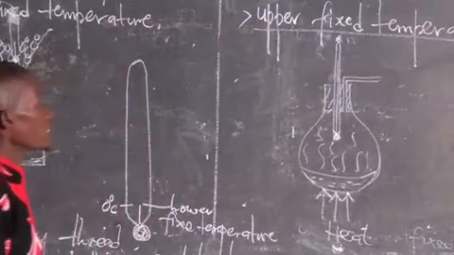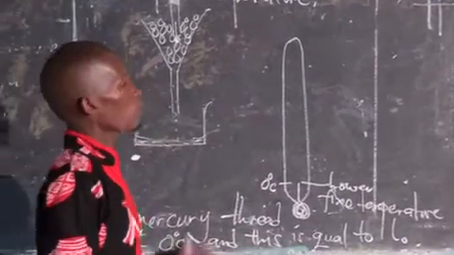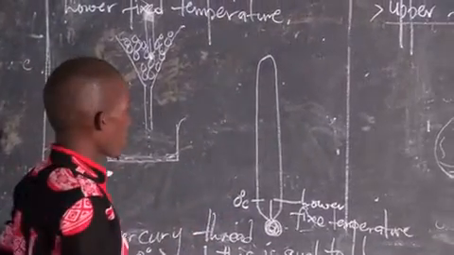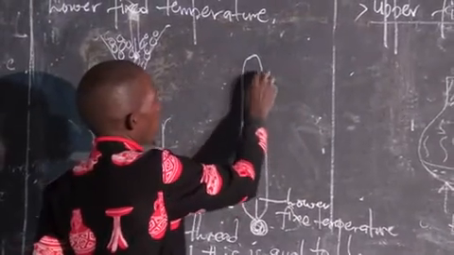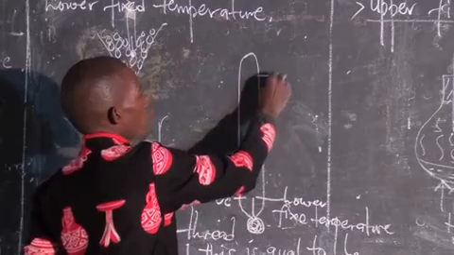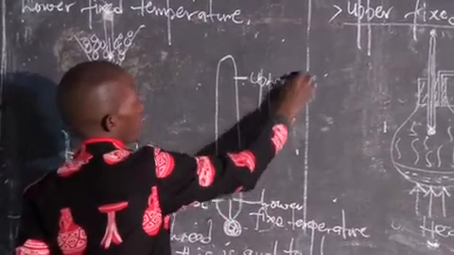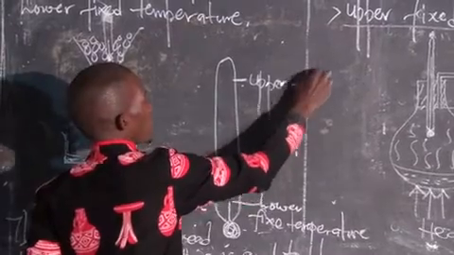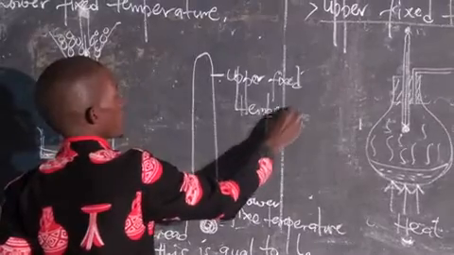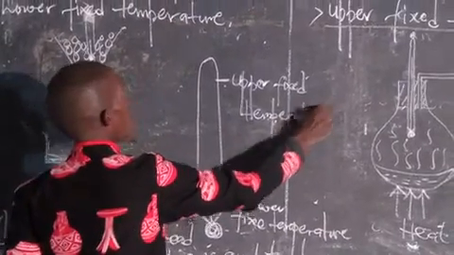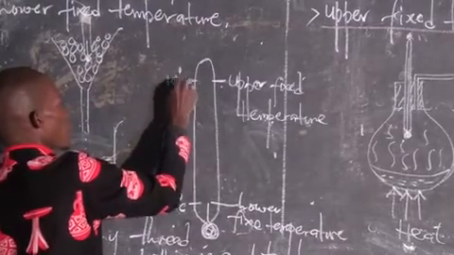It will run to a certain point. For me, I don't know, but you get to know when you try to find out. It will run to a certain point, which is what you call the upper fixed temperature point, at 100 degrees Celsius.